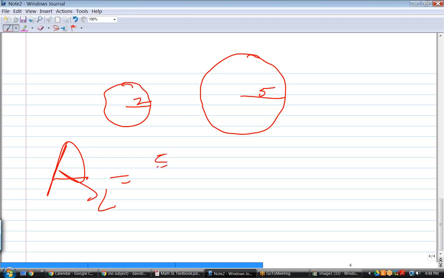Yeah, or 5 to 2 if you always want to keep it as a number. In other words, like I said, either answer is correct, but I think it pays to always take big to small. All right. What is the area ratio?